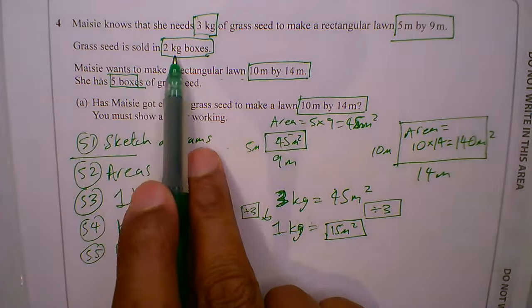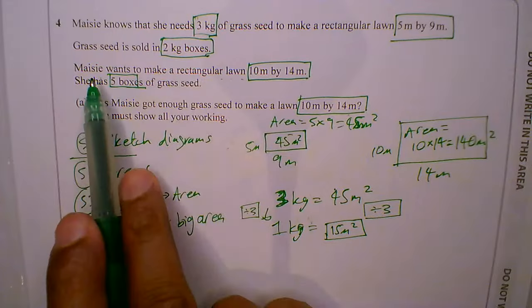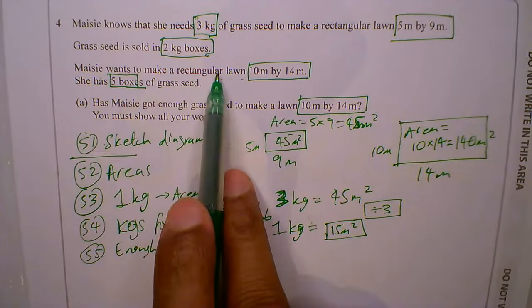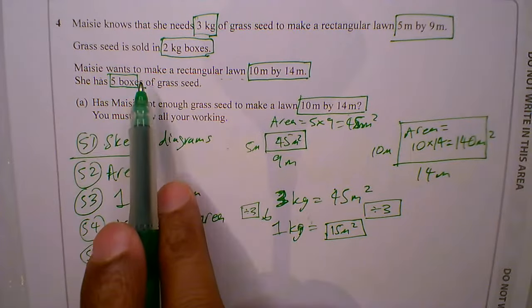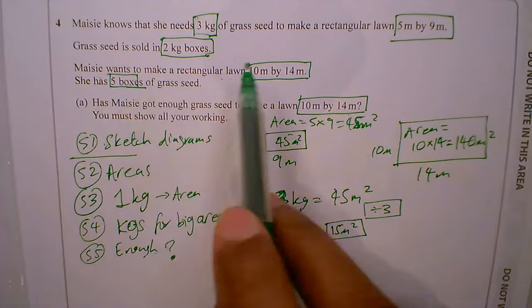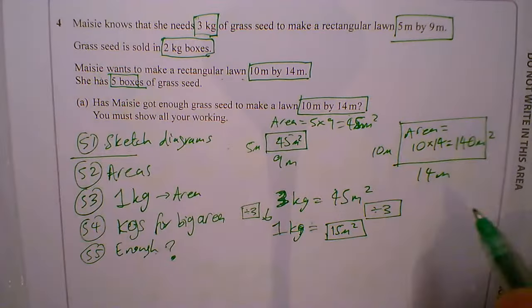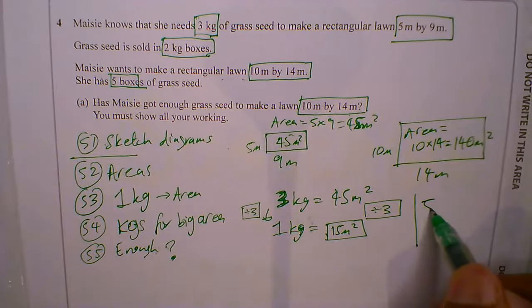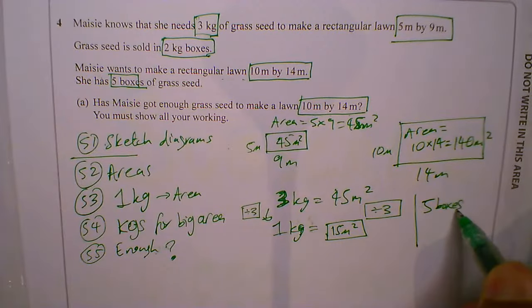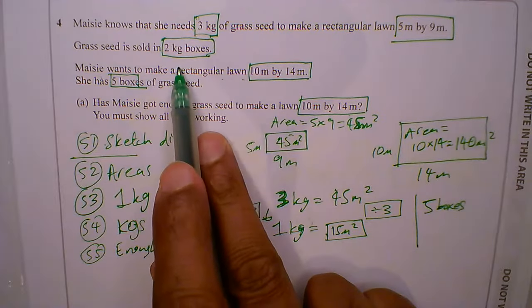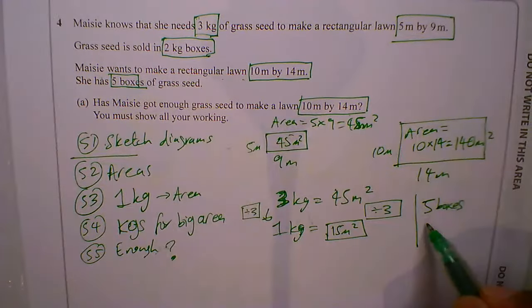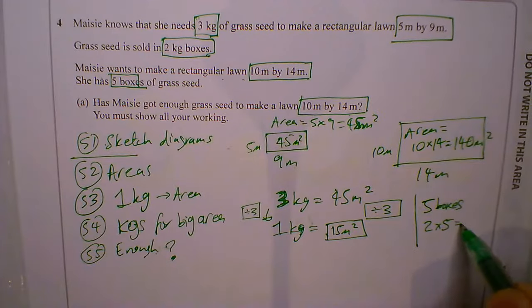Grass is sold in 2 kg boxes. Macy wants to make a rectangular lawn. She has 5 boxes. So how much does 5 boxes give me? Each box is 2, so 2 times 5 gives me 10 kg.